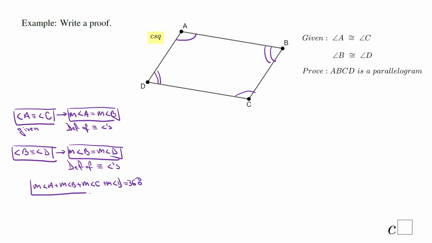Okay, let me put a big box here, and the reason: sum of interior angles of a quadrilateral is 360 degrees.